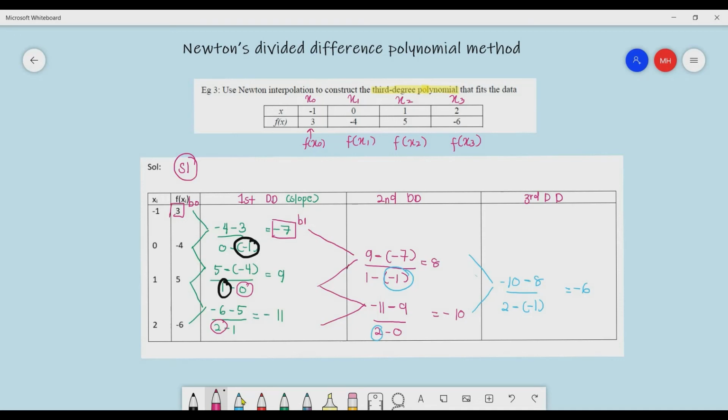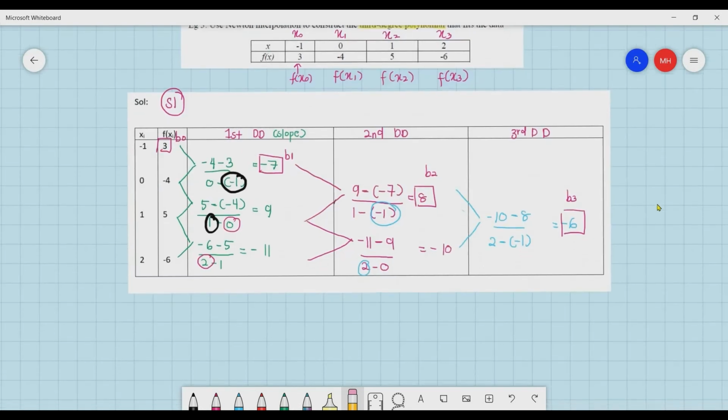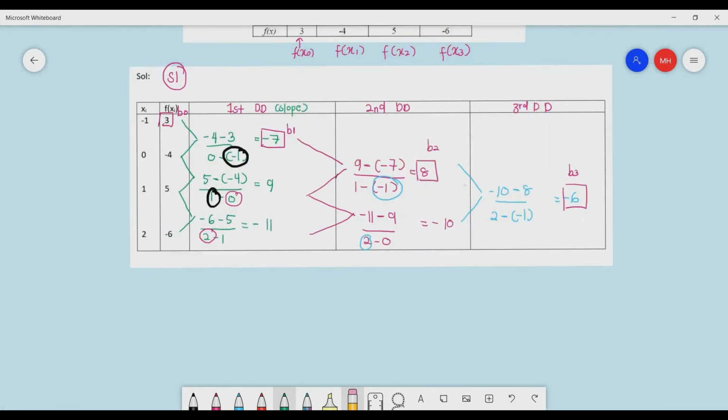And then for the second divided difference, the first entry will be your b2, and for the third divided difference, will be b3. So now you need to substitute these values into the polynomial Newton divided difference formula. Once you obtain the values of b, the unknowns, you can just substitute into the formula.